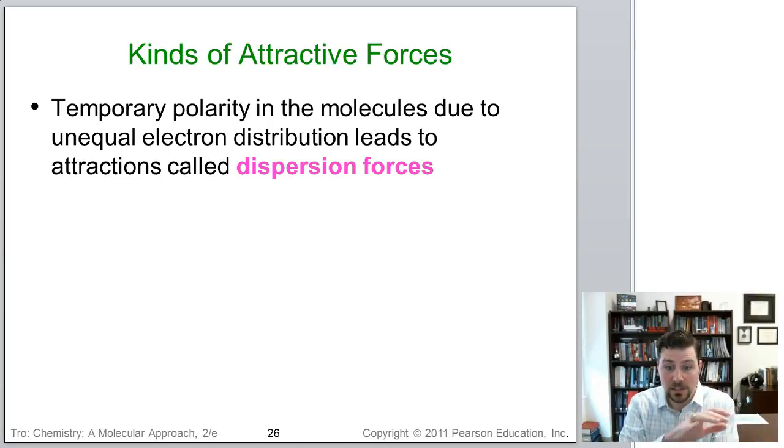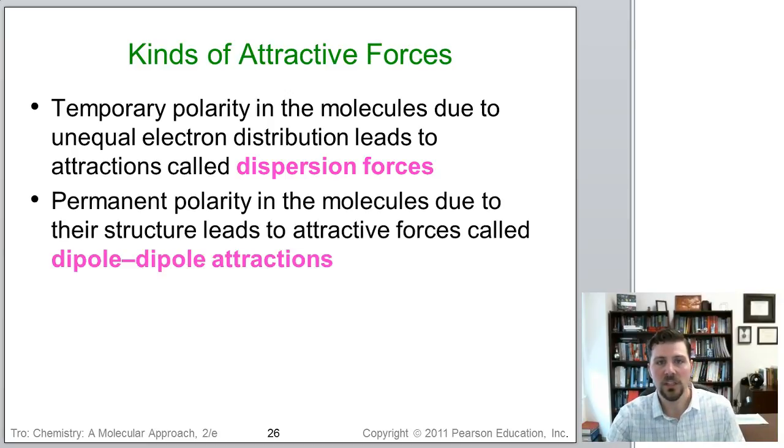This means you have an uneven distribution of that negative charge. So if all the electrons, which were in a perfect distribution around the molecule, all of a sudden moved over to one side, then you'd have a slightly positive region and a slightly negative region, not a full polarity probably, but just a small temporary positive and negative separation created by these electrons moving, which is what we call a dispersion force.